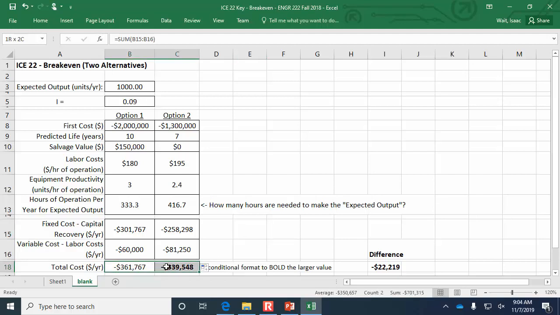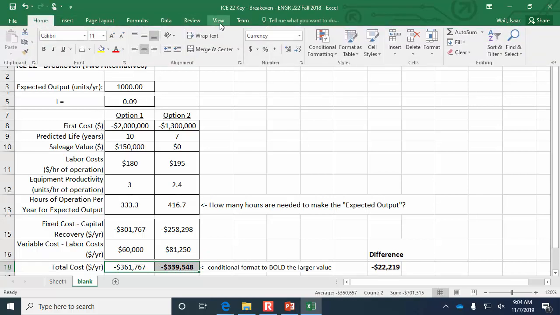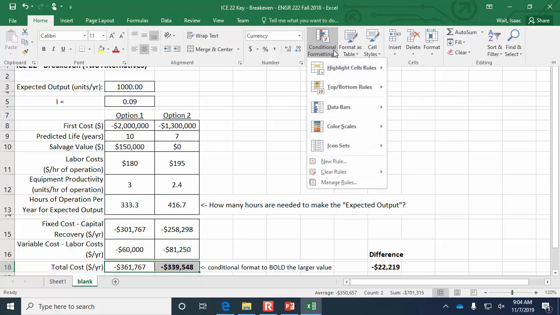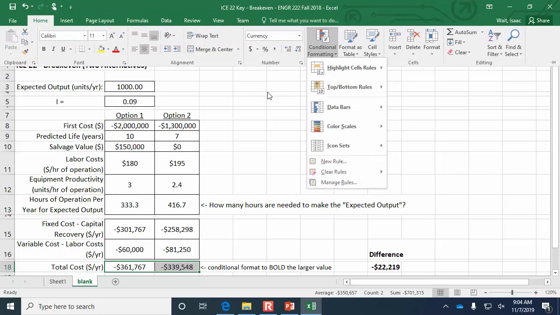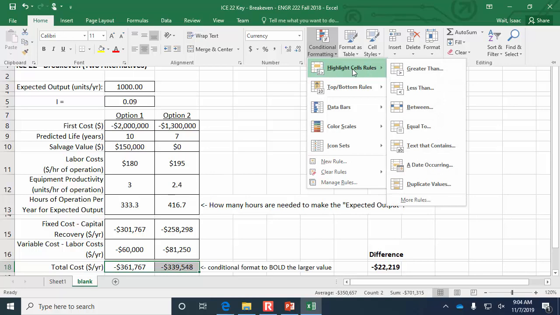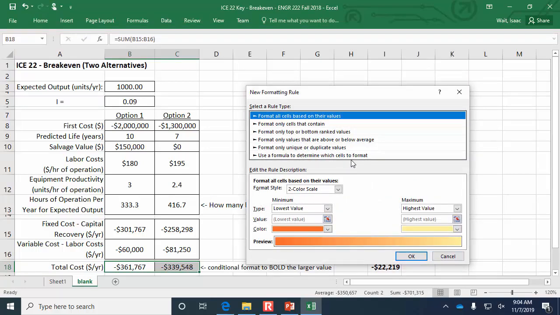If you highlight 2 cells and you go into the conditional formatting, then what I'm going to do is clear the existing rules and do a new one. I'm highlighting 2 cells right now, and I want a new rule where it's going to take the highest value. The highest value of the 2 would be the least negative.